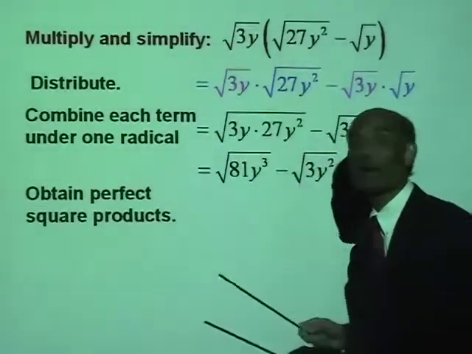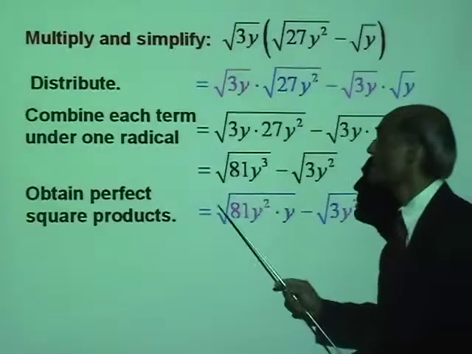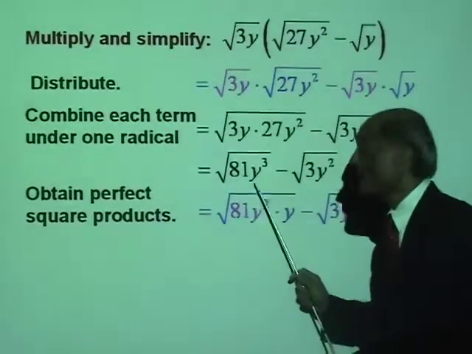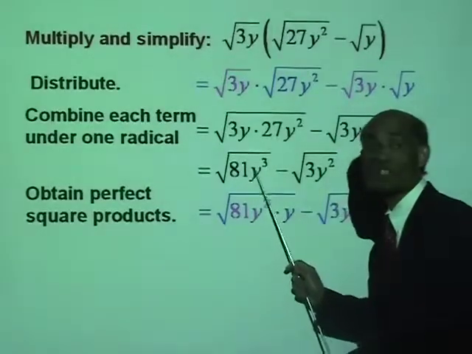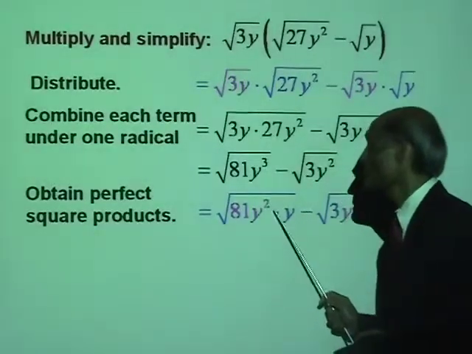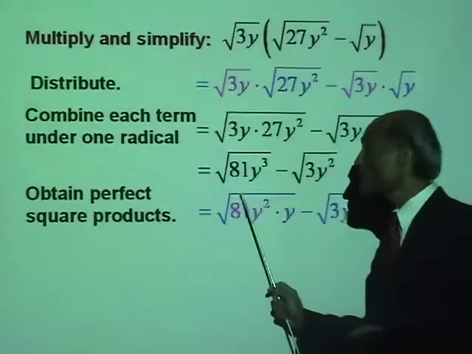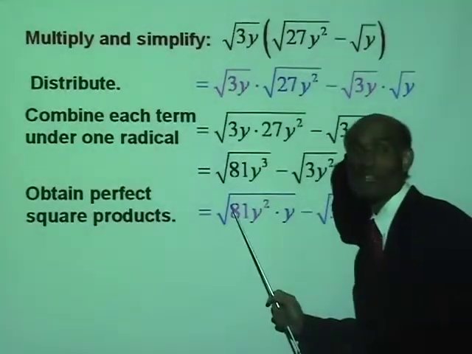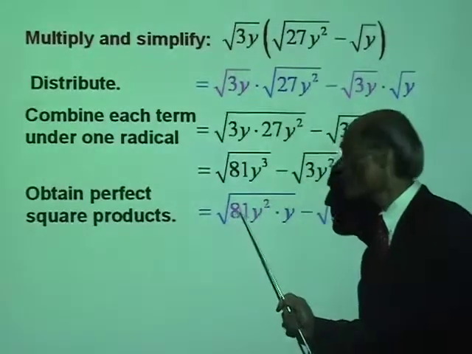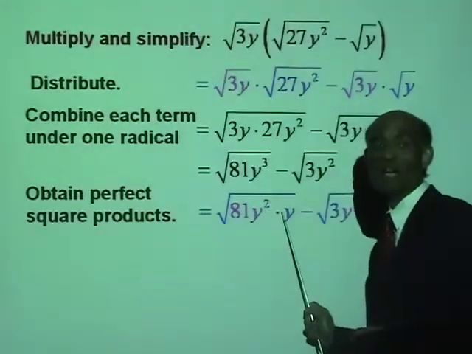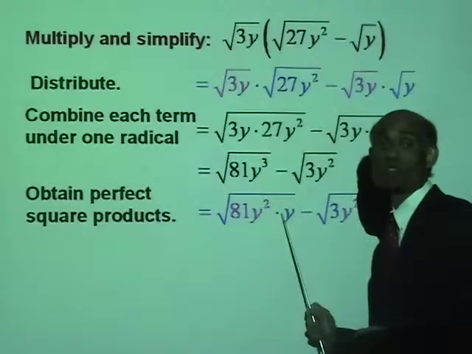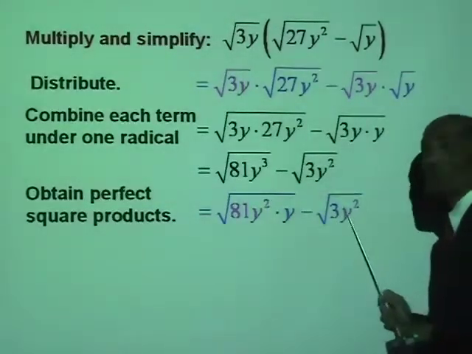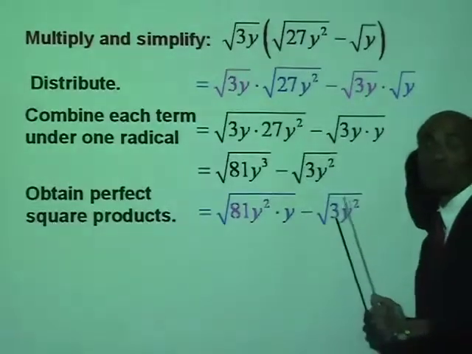Obtain perfect square product. That will be square root of 81 is a perfect square and y cubed is written as y squared times y. That means 81y squared is a perfect square. That's why I've colored it red. Or purple, I think, yeah. And this y is not a perfect square. Minus 3y squared. y squared is a perfect square.